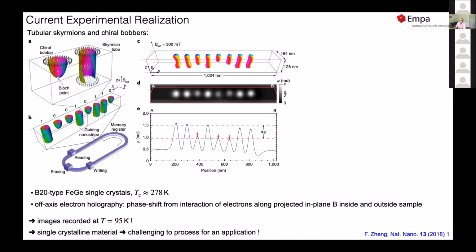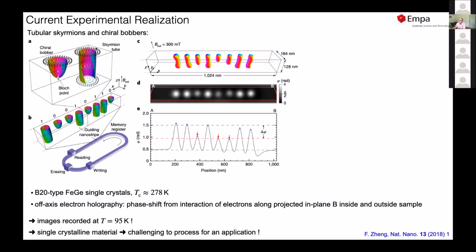But how do you realize this in the experiment? Well, there has been very nice work done by Zheng et al., published in the Nature Nano paper in 2018. And they proposed that you could use tubular Skyrmions that you see here and chiral bobbers, which are basically something like half a Skyrmion, only existing at the top of their single crystalline material.